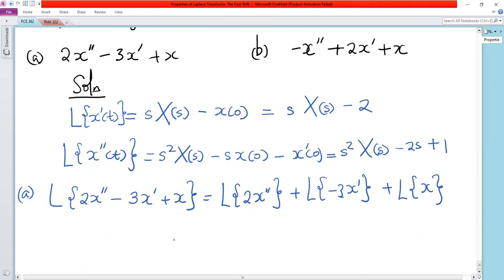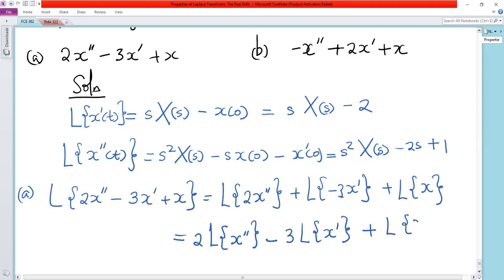This is the same as twice the Laplace transform of the second derivative minus 3 times the Laplace transform of the first derivative plus the Laplace transform of x.